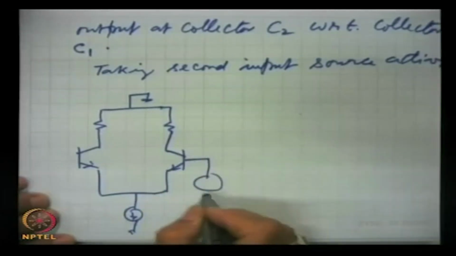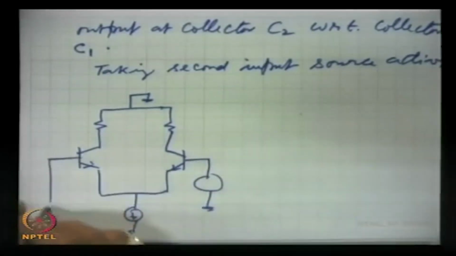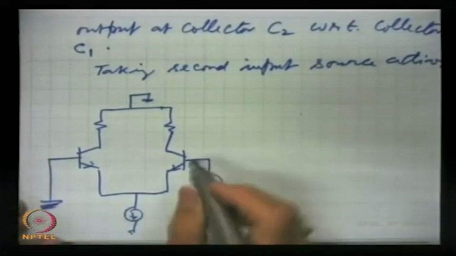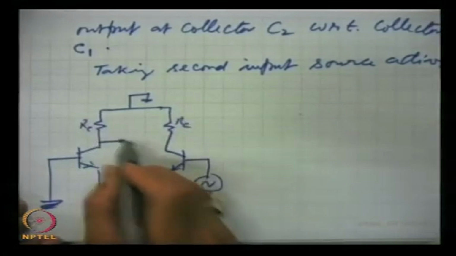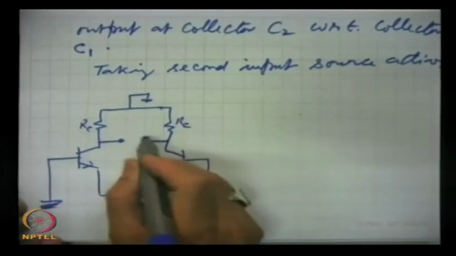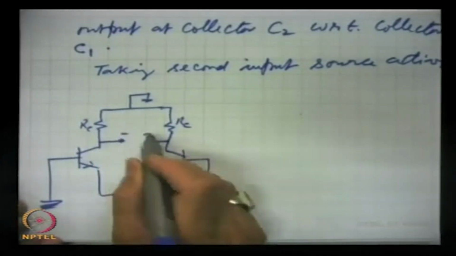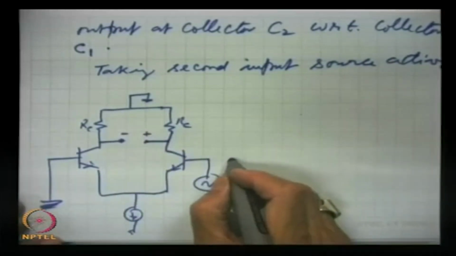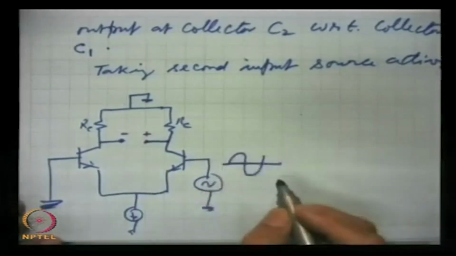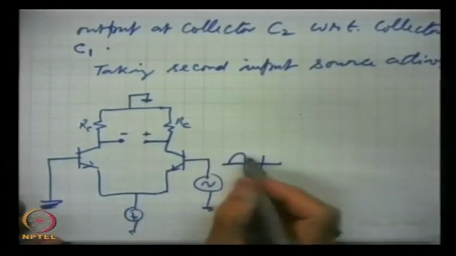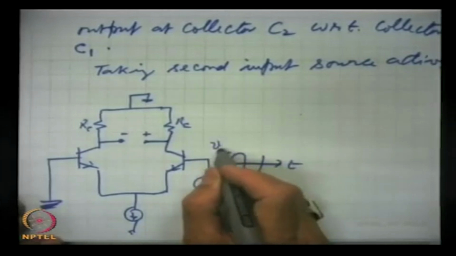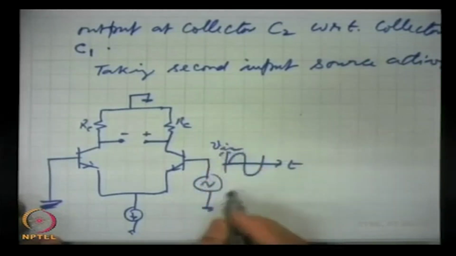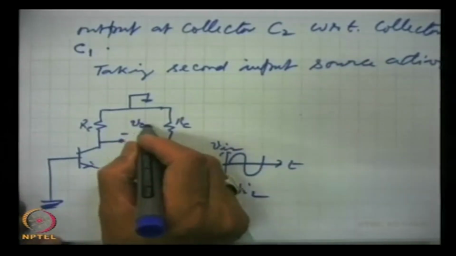This is active, this is grounded here, and this is RC, with plus and minus at that instant when the input has maximum, the signal is like that, time versus this is Vi2, this is V02.